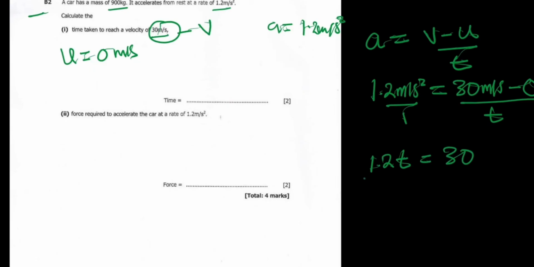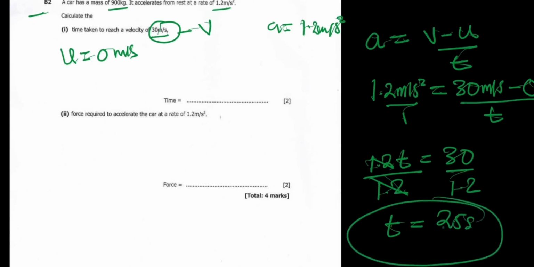So to find the value of t, we can reduce by 1.2, 1.2, and so this will cancel. T is going to be 30 over 1.2, which is actually 25 seconds. So this is our time. The time here should be 25 seconds.